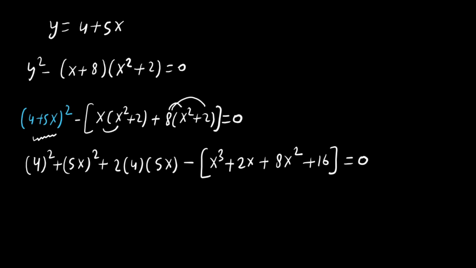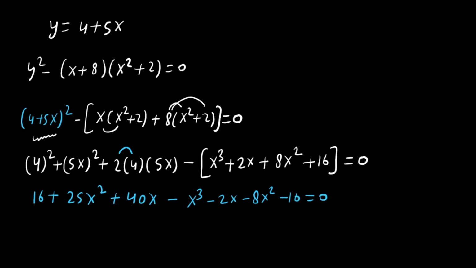Here 4 square is 16, (5x) square is 25x square, plus 2 times 4, that is 8, 8 times 5, that is 40x, minus this, minus multiplied by 2x, then we get minus 2x, and this minus multiplied by 16, then we get minus 16, and this is equal to 0.